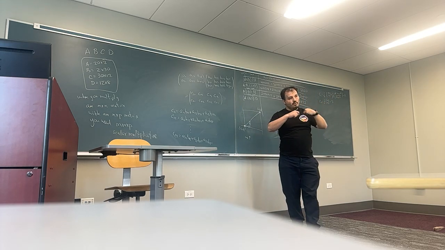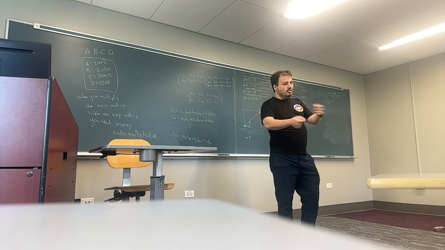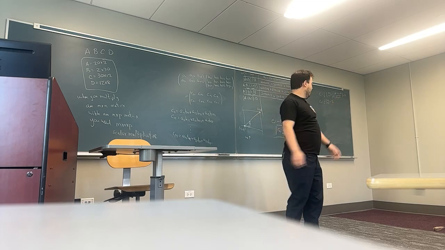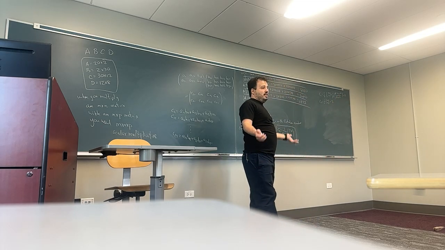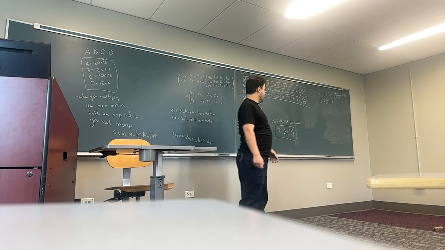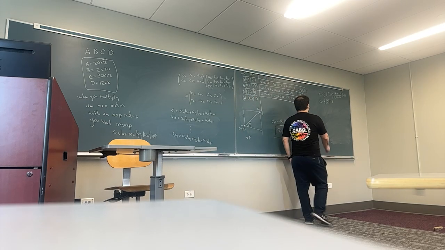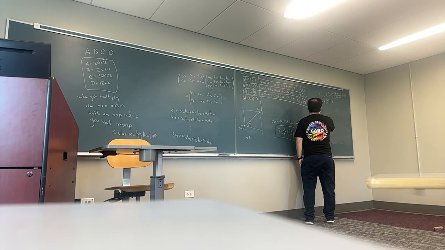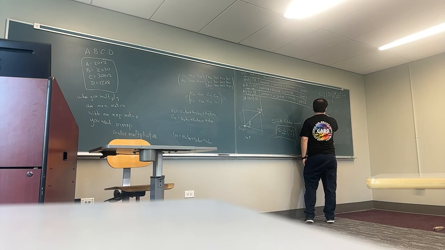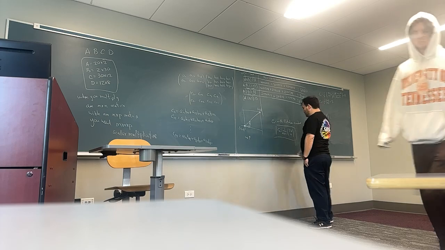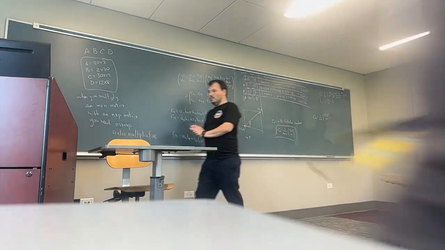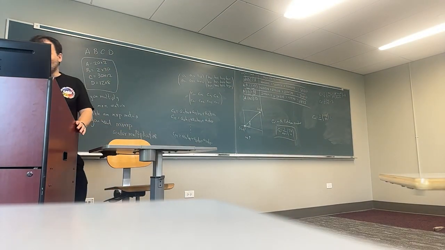And if you had 100 matrices, then that number is just enormous, right? So C99 would be 1 over 100 times 198 choose 99. Let's see how big that number is.